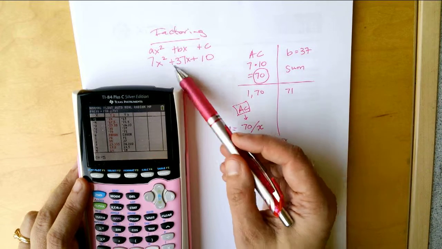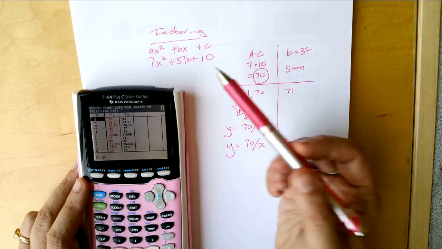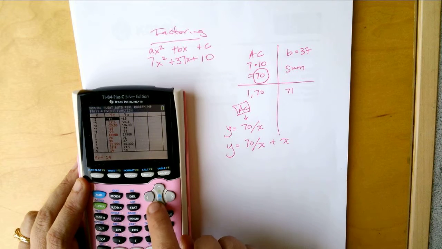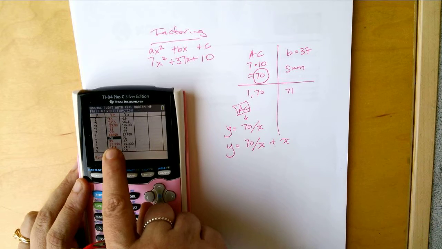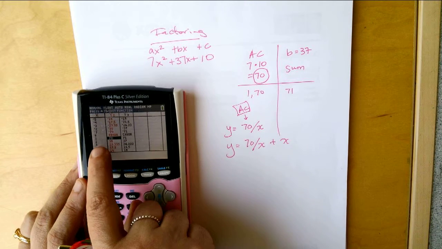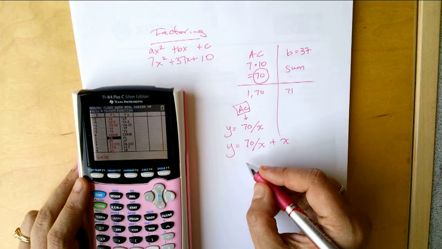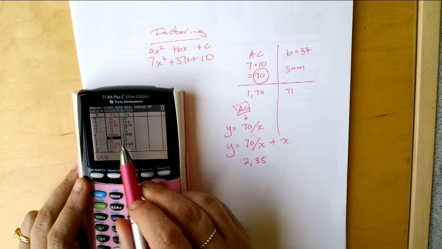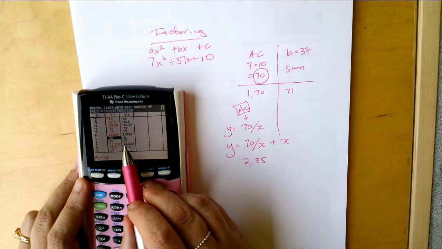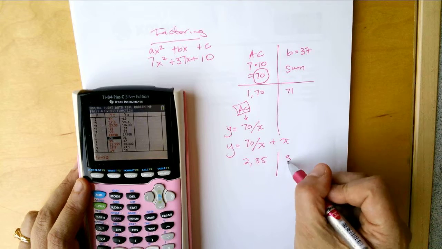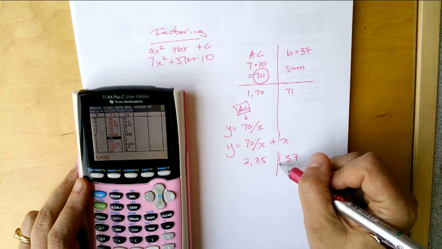Now, because of the signs, you might notice that you want two positive numbers. So if we scroll down to our positives, here's the 1 times 70 that adds to 71. On the second line, you see 2 times 35, and there's the sum, which is 37. So I'm just continuing my table down.